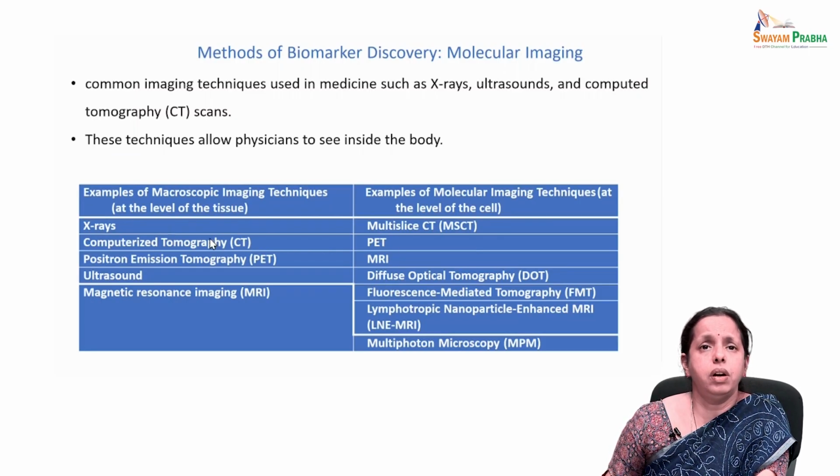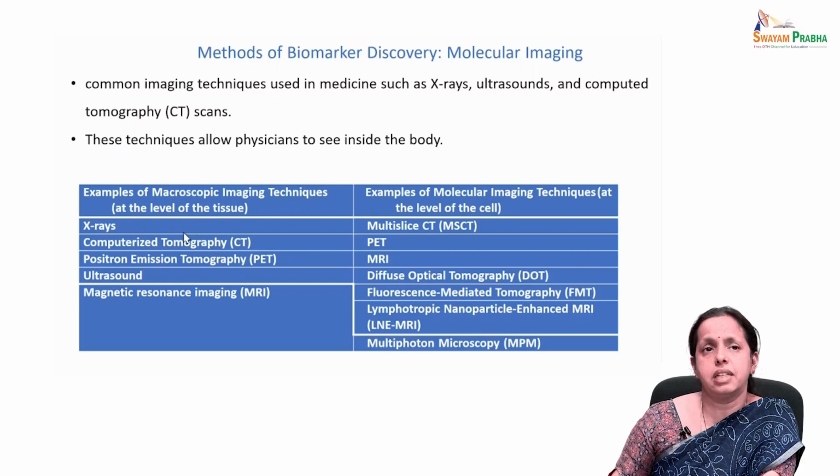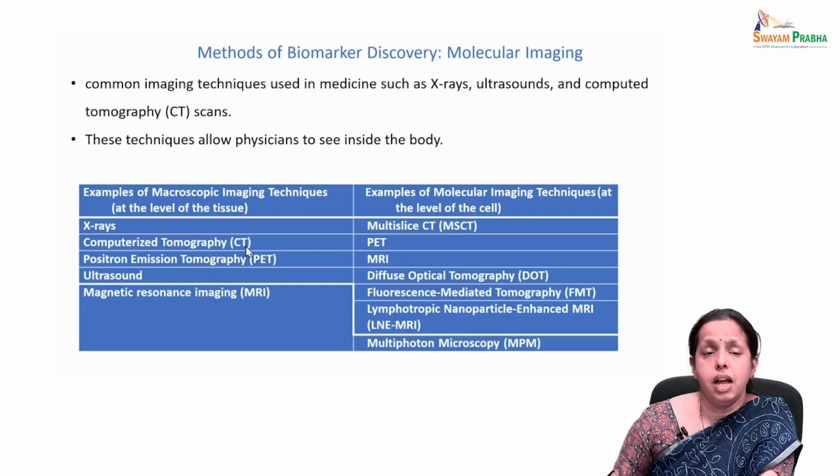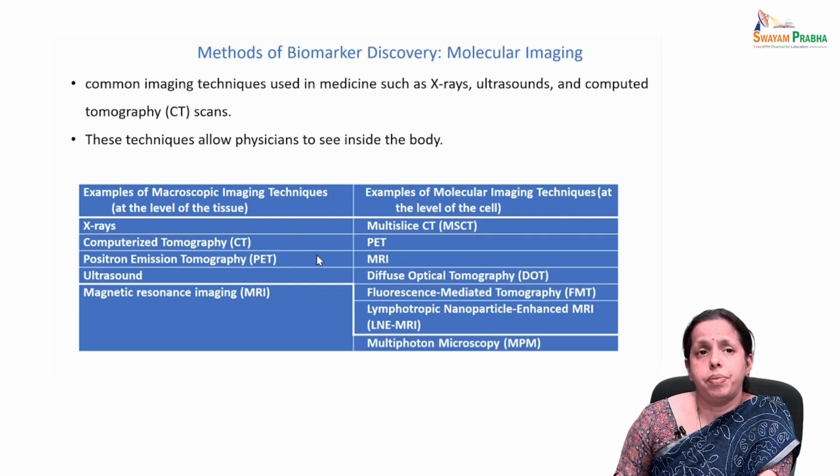This is how the techniques allowed the physician to see in the body. At the macroscopic level, at the level of the tissue, you have the X-rays, you have the CTs. For example, your low dose CT for the lung, which we use, the PET for all the follow-ups, then the MRIs.